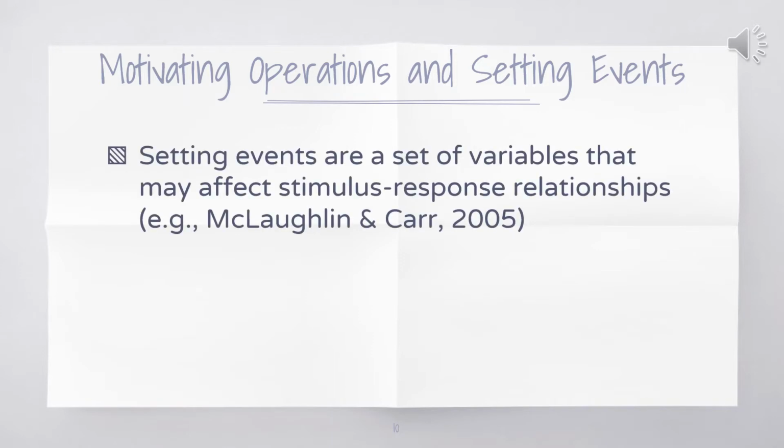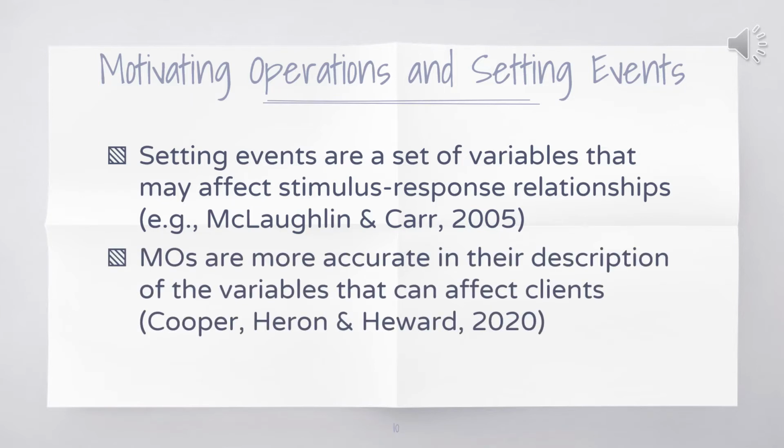Setting events are a set of variables that may affect stimulus-response relationships. However, motivating operations are more accurate in their description of these variables that can affect clients. So for the remainder of this presentation, we will be using the term MO, or motivating operation, to describe these variables.